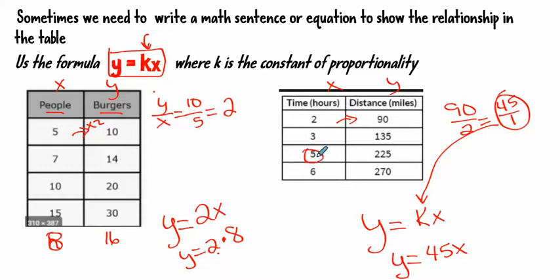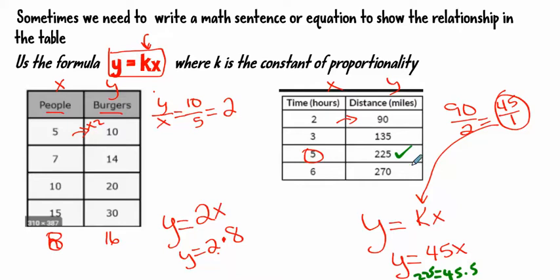If I put 5 in for x, that would be 45 times 5. And let's see, does that give me 225? It sure does, 225. And that's what I got right there.